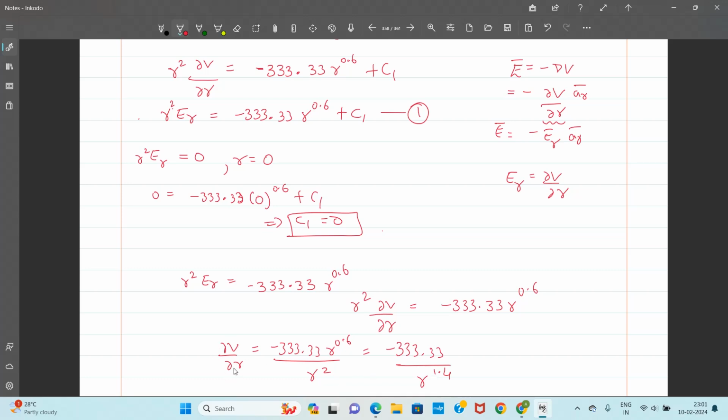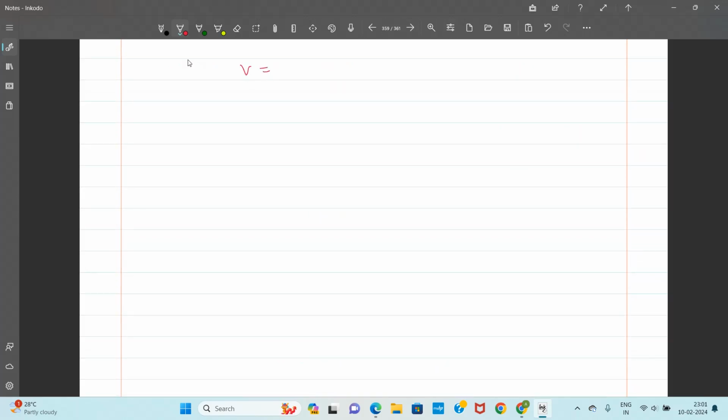Now, further I have to do integration again so that I can get back the potential here. So after the next integration, I will get V is equal to minus 333.33 integration of R power minus 1.4 with respect to dr plus second integration constant C2.